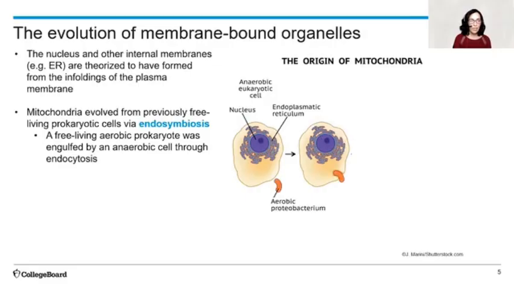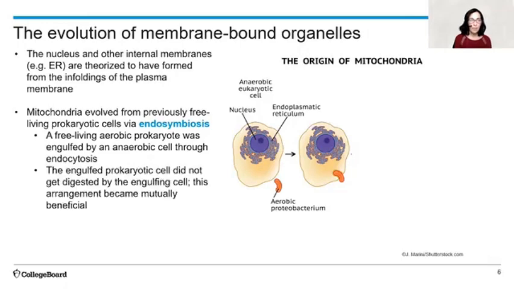So a free-living aerobic prokaryote was engulfed by an anaerobic cell through endocytosis, and that's shown here in this diagram. So we have this aerobic proteobacterium that was taken in by the anaerobic eukaryotic cell through endocytosis. Then the engulfed prokaryotic cell, however, did not get digested by the engulfing cell.